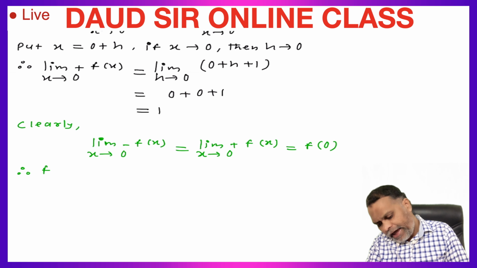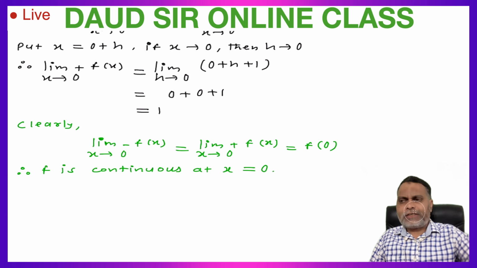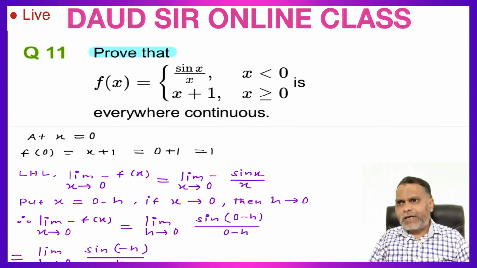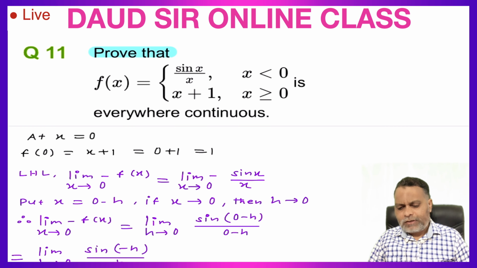Therefore, f is continuous at x is equal to 0. So this function is continuous at x is equal to 0. Now we can check the continuity for less than 0 and greater than 0 one by one.